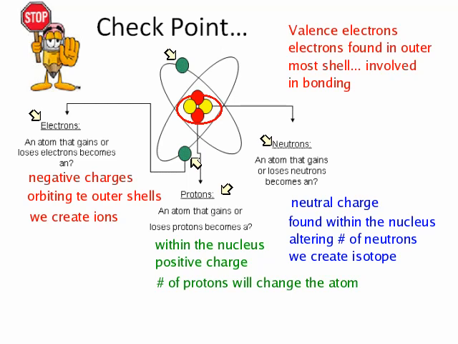So the valence electrons are the electrons that are going to be found in the outermost orbit, furthest away from the nucleus, and they are the electrons specifically that are going to be designated within the reactions for bonding. And if you think about it, that kind of makes sense. If the electrons are further away from the nucleus, there's going to be less attraction to those electrons. Right? What holds this entire system together is the fact that you've got a positively charged nucleus with these negatively charged electrons floating around.